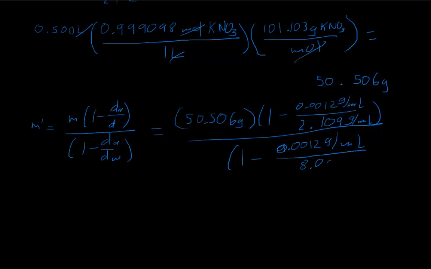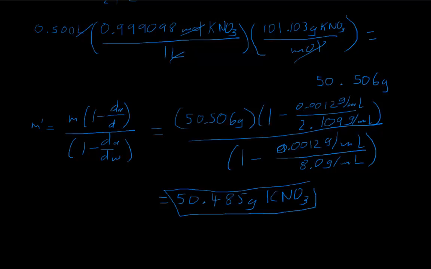It's stainless steel, 8 grams per milliliter. All right, so when we're all done with this calculation, we will get an apparent mass of 50.485 grams of KNO3. All right, so fabulous. So this is the final answer.